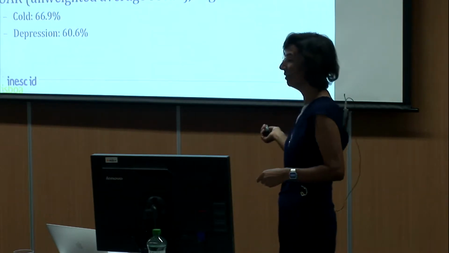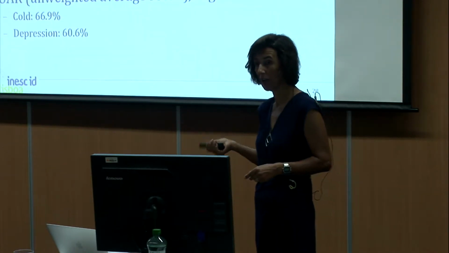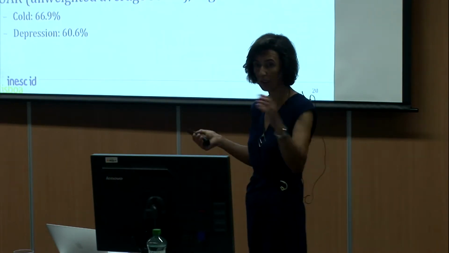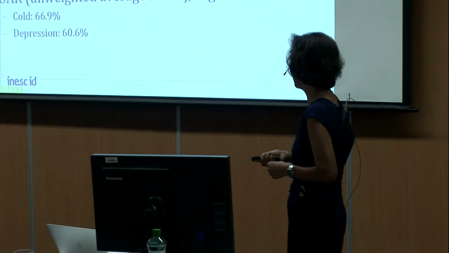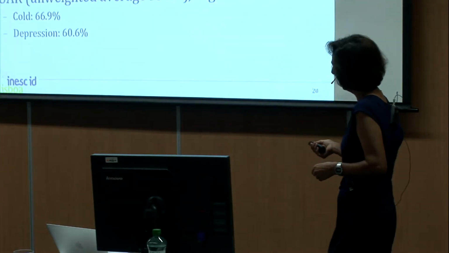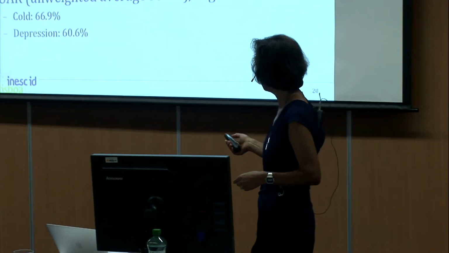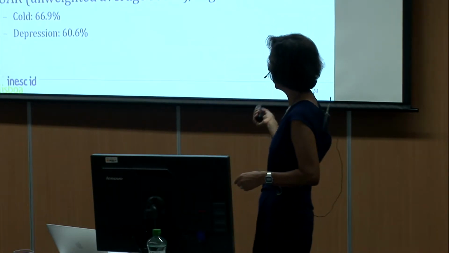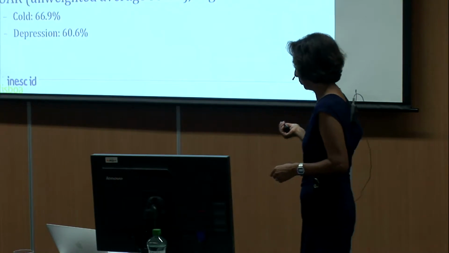We provided them at the segment level, not at the speaker level, because of course they will be better if we aggregate all the segments of the speaker. So the cold baseline was 66.9%, and the depression baseline 60%.